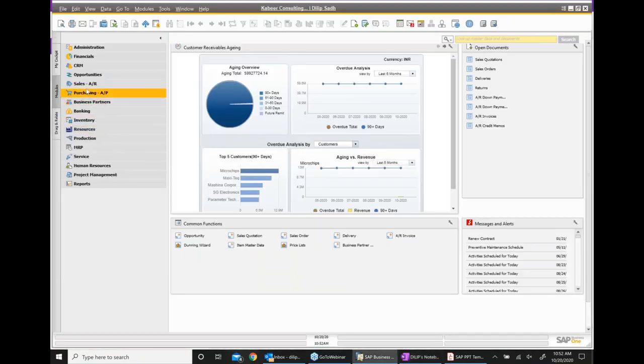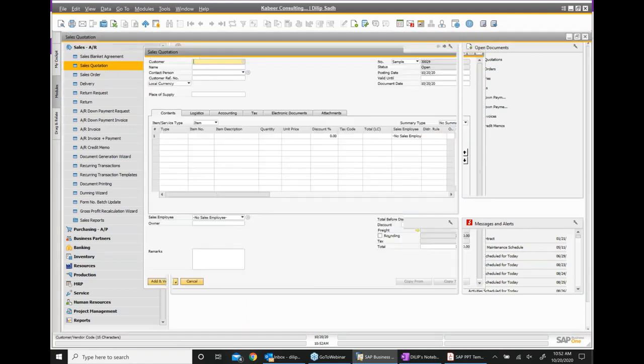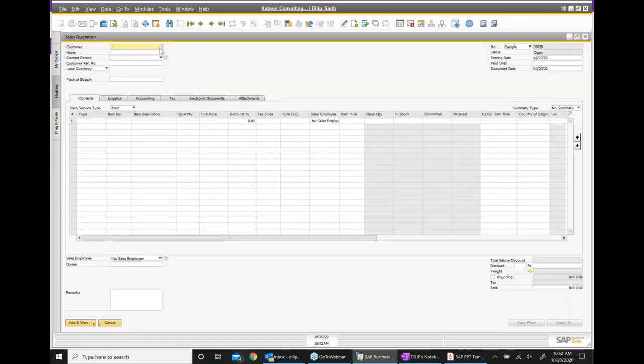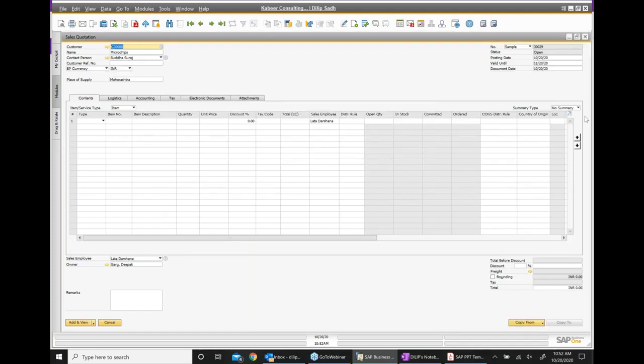We close this. Then we go to sales quotation. We select our customer. Any other customer, it doesn't make a difference. So what does this basically mean? Then I select any item.